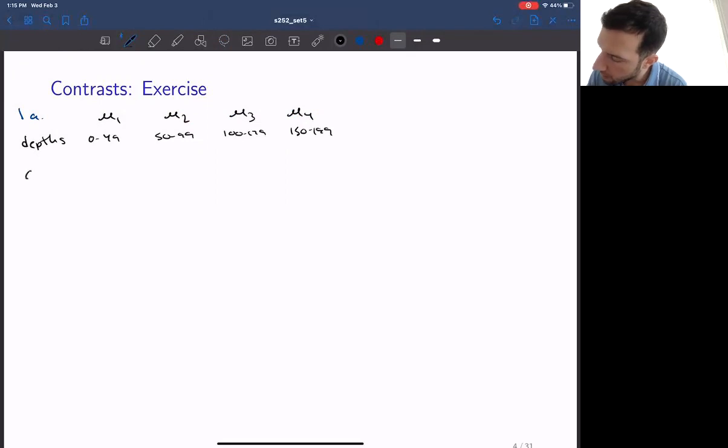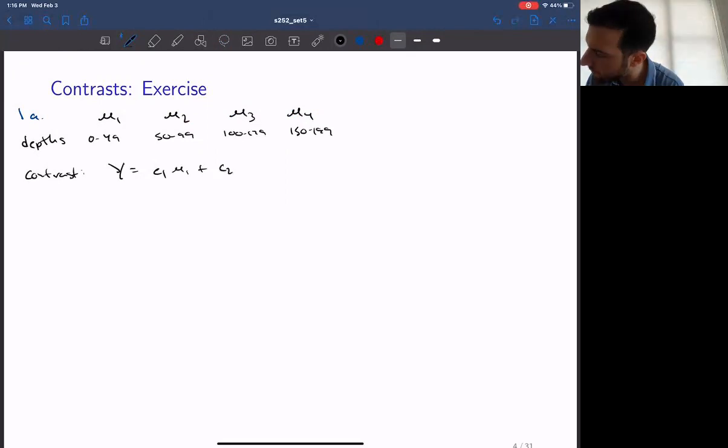Okay, so the contrast is gamma equals C1 mu1 plus C2 mu2 plus C3 mu3 plus C4 mu4.